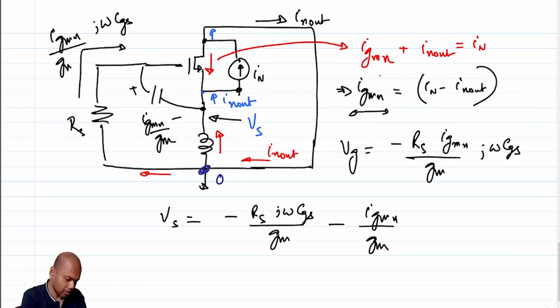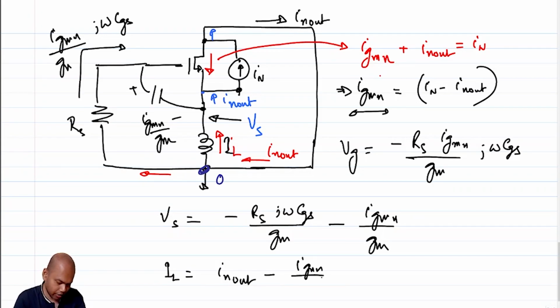I call this IL. So IL is basically IN out minus IGMN by GM J omega CGS, correct?